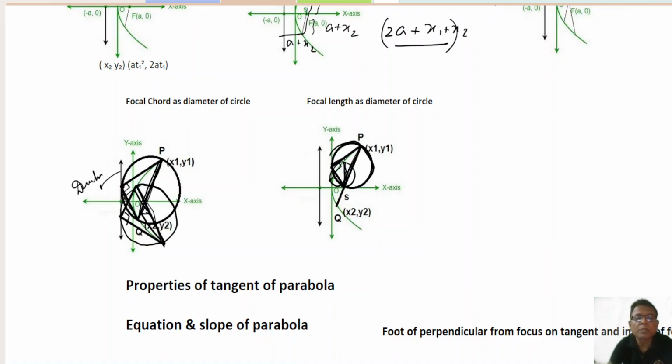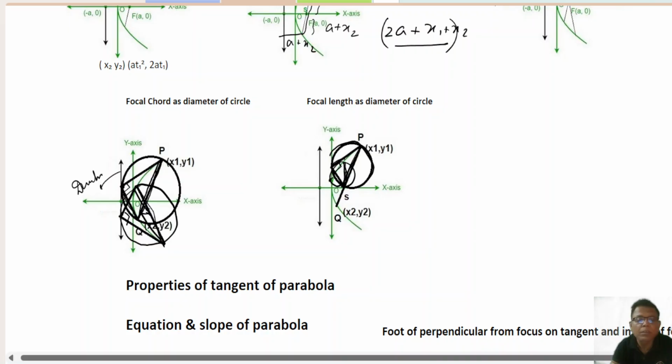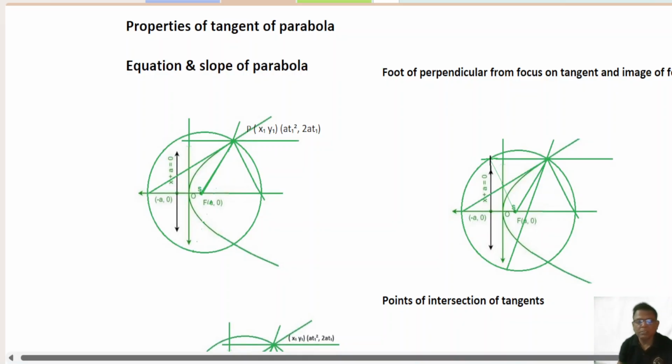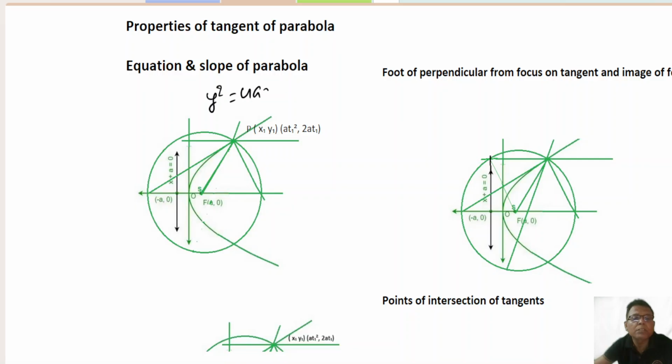Now come to the properties of tangent of parabola. Suppose the standard y square is equal to 4ax equation, then the tangent at the point x1, y1, or at1 square, 2at1, will be y y1 is equal to 2a(x plus x1).